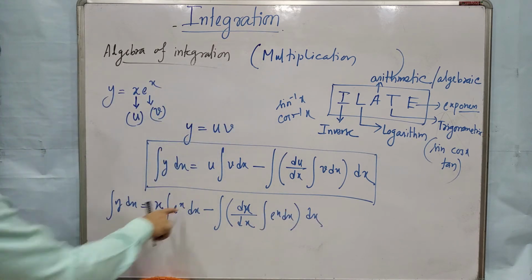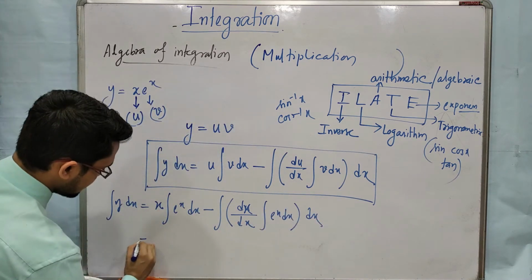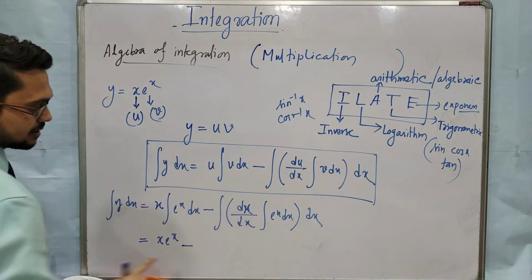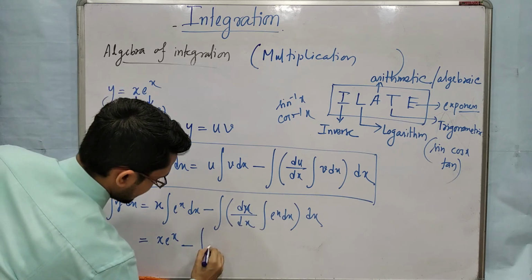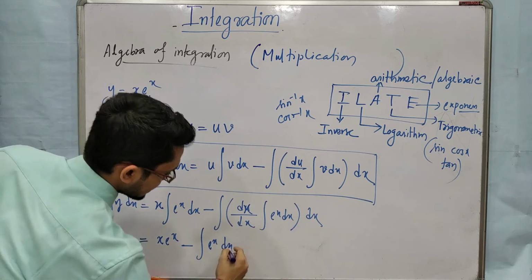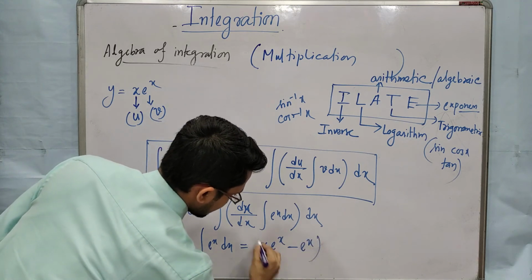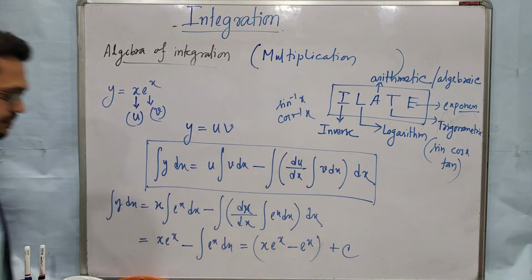Okay, first e to the power x, integration of e to the power x means e to the power x, so x e to the power x minus dx by dx is 1, e to the power x dx is e to the power x, and this dx. So at the end you will get minus e to the power x plus c.